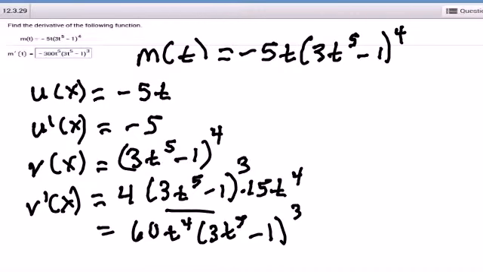Now we just plug it into the product rule, which is u of x times v prime of x plus u prime of x times v of x. Okay, so let's do that.